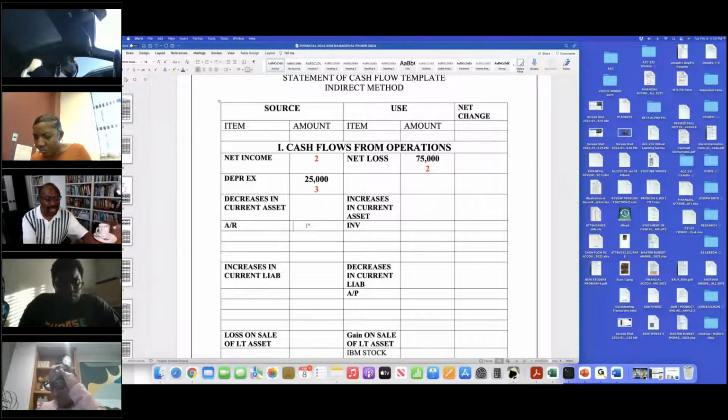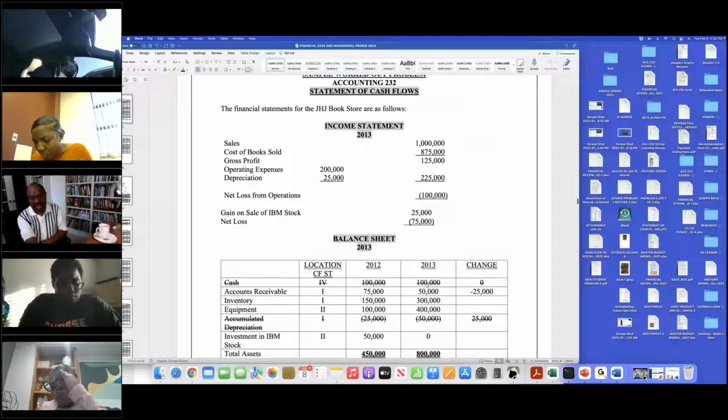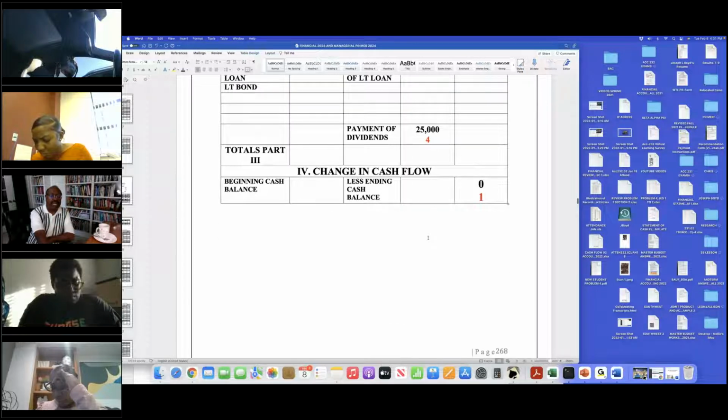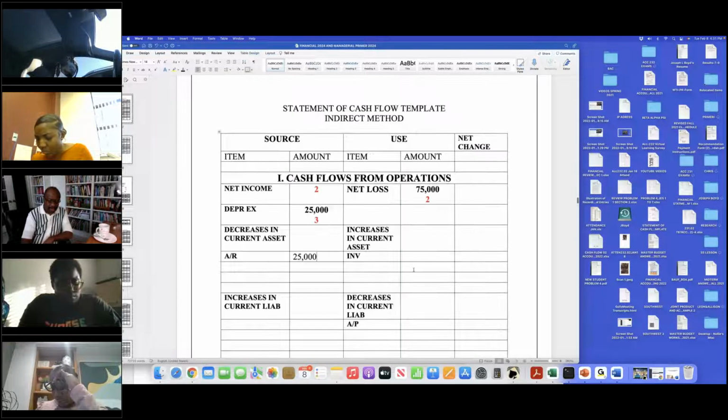The other current asset we have is inventory. It went up by 150,000. So that means we either paid cash or got to pay cash. So there's a reduction in cash. So that's 150,000. So the increase in the asset is a use of cash on the use side. So if we buy inventory, that's a use of cash.